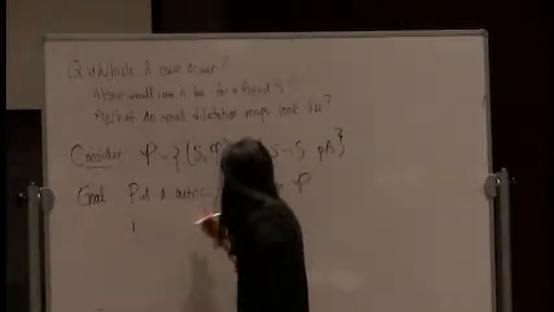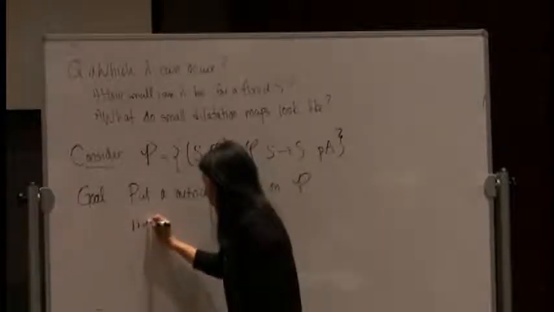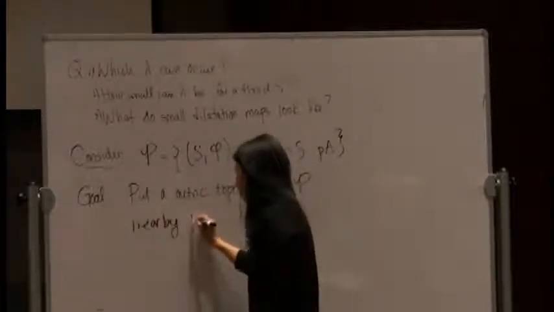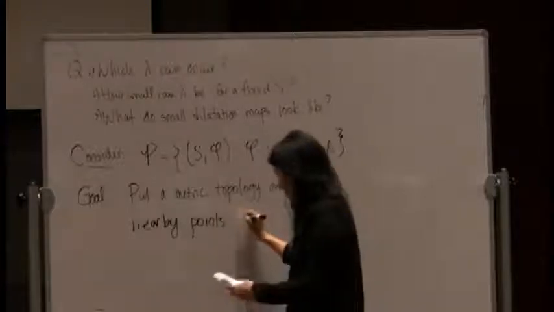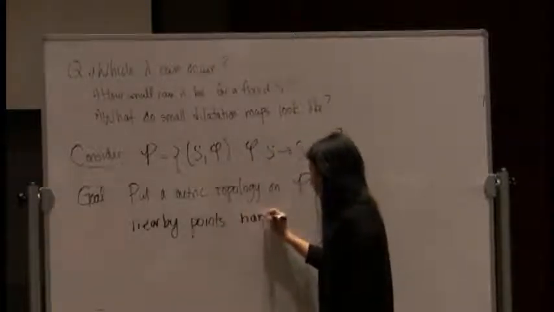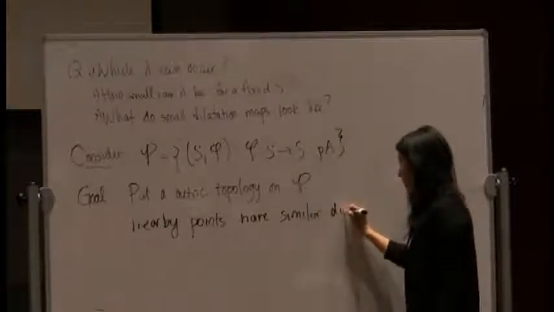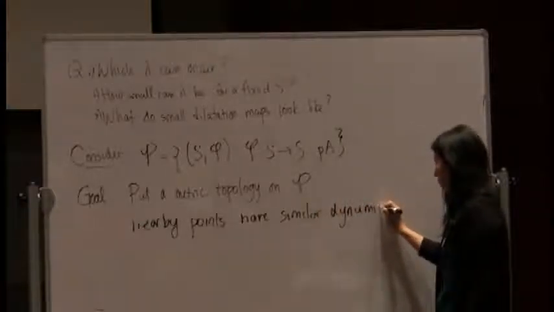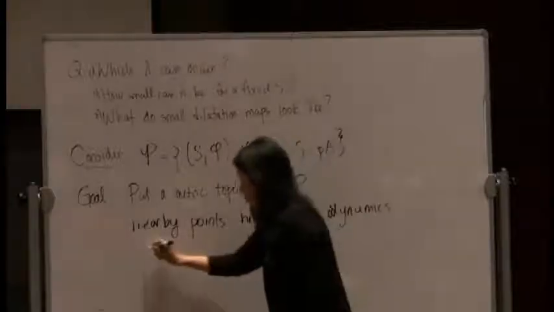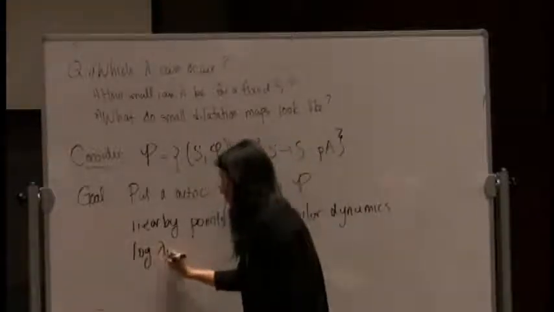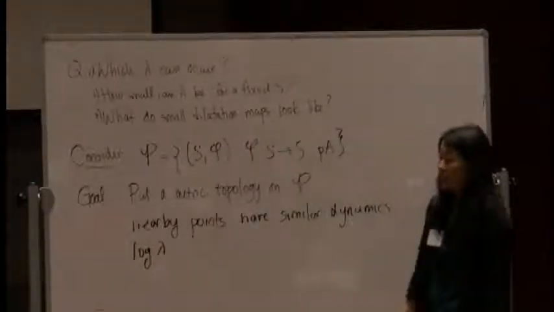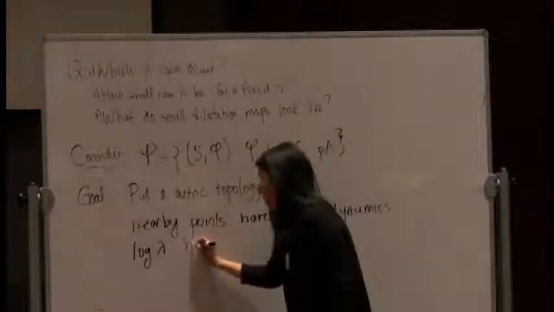So we want the metric to have the property that nearby points have similar dynamics, whatever that means. And in particular, lambda or log lambda behaves nicely.